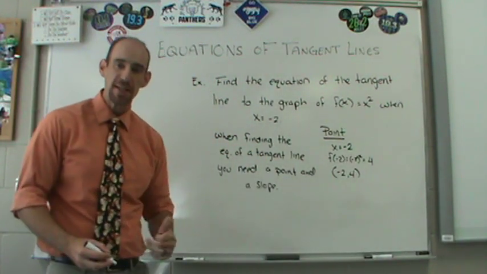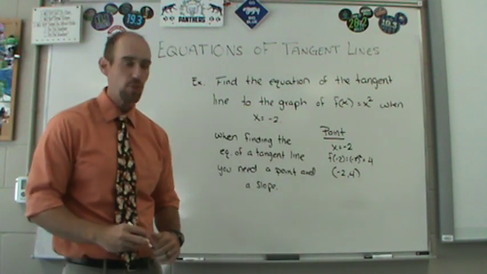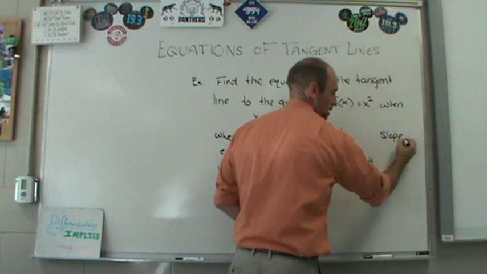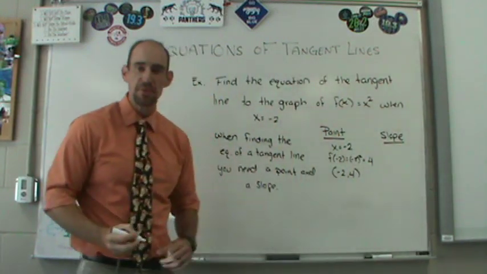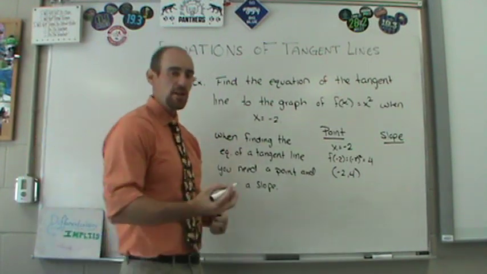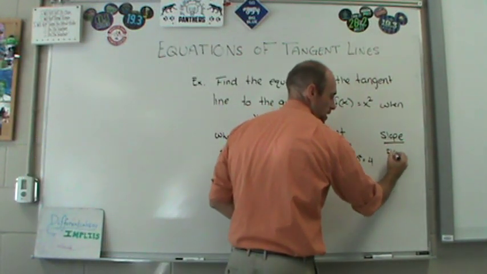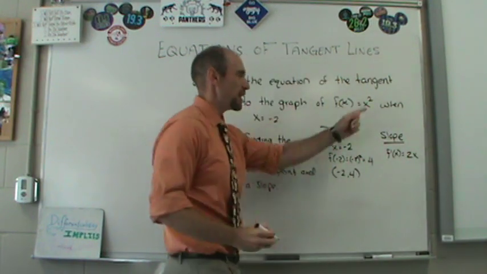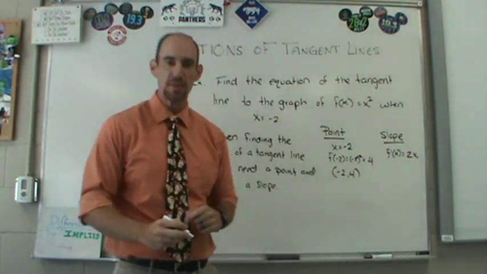Okay, well, we talked about again that the derivative gives us the slope of the tangent line. So the first thing I need to do is figure out what is that derivative. And so here we have f of x equals x squared, and using that power rule, f prime of x is equal to 2x. We bring that 2 down, we take away 1 from the exponent.